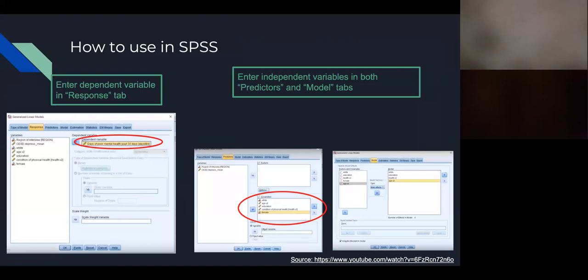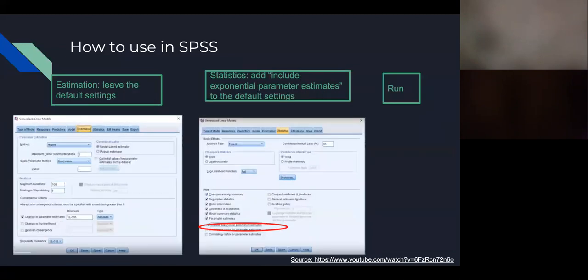Under the Response tab, enter the dependent variable, and under the Predictors and Model tabs, enter the independent variables. Under Estimation, leave the default settings, and under Statistics, add Include Exponential Parameter Estimates to the default settings.